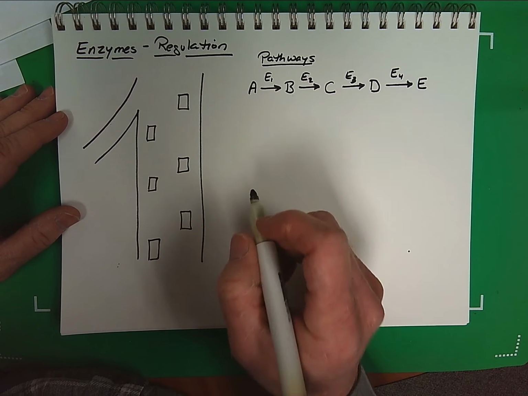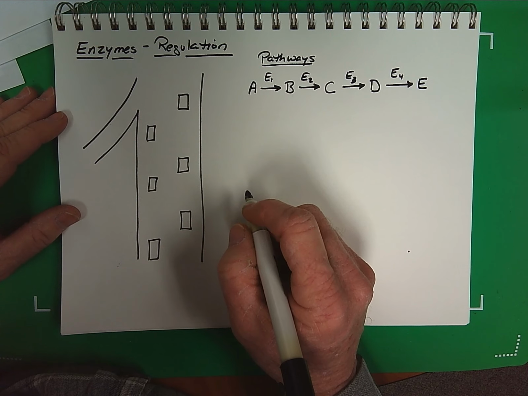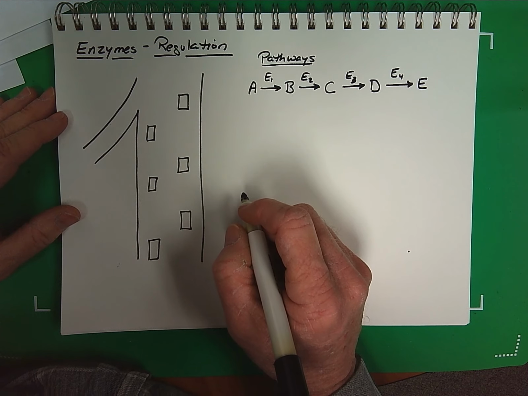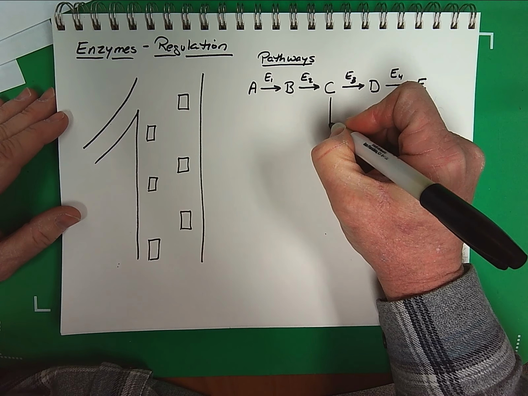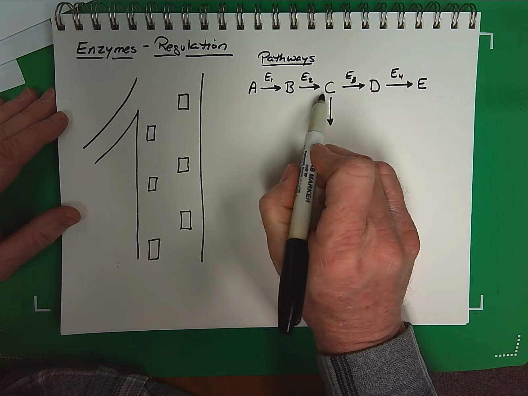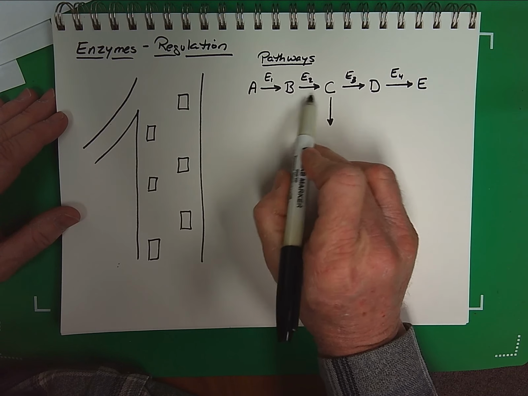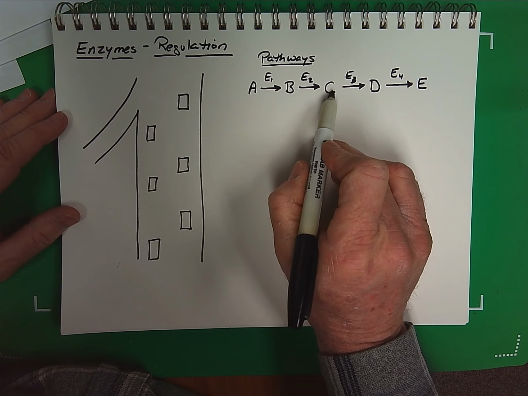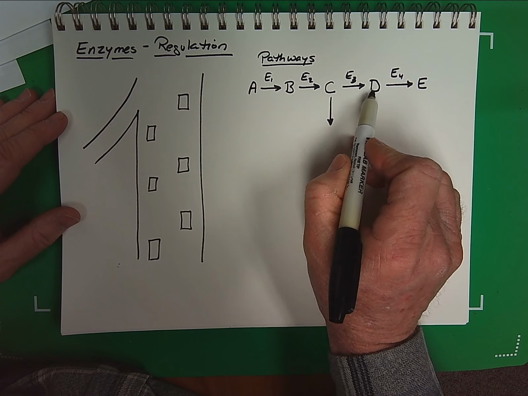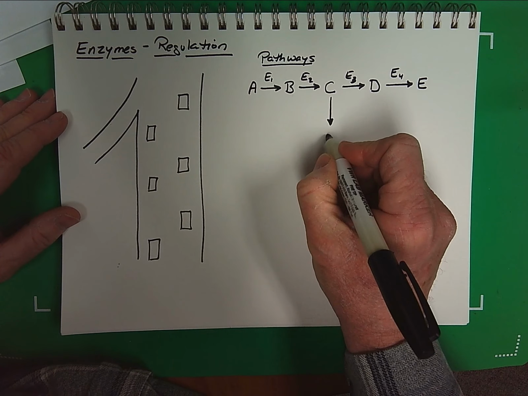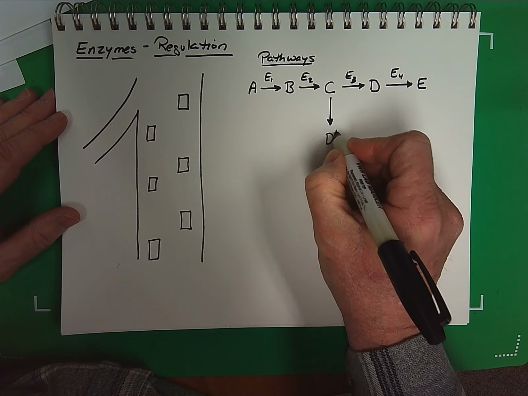Now, what's important in regulation is that sometimes we need to take an alternative path. For example, we may need to take product C of this reaction from enzyme E2 and turn that into a substrate, not to form D, but to form, say, D prime.